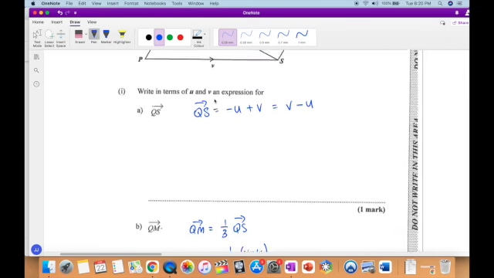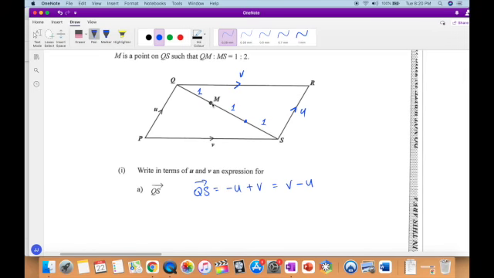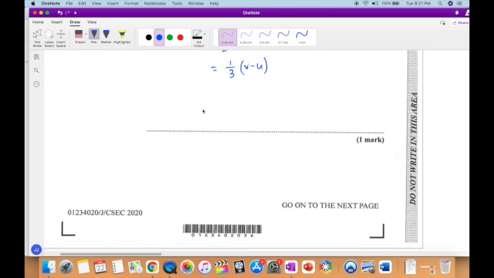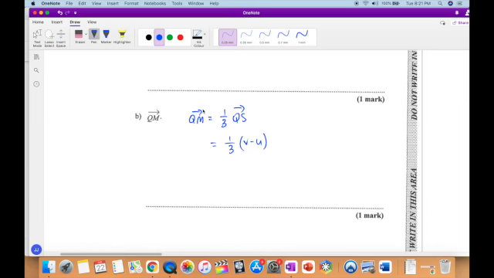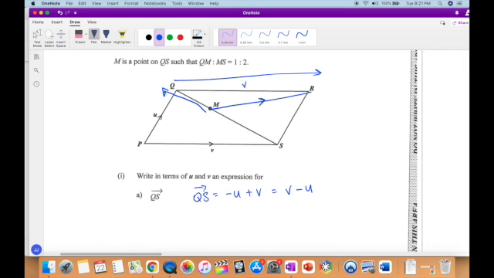So notice the direction M to R. If I want to go M to R, I could go M to Q, because I know what QM is, and then go Q to R, so that is V. QM is a third V minus U, going in this direction.